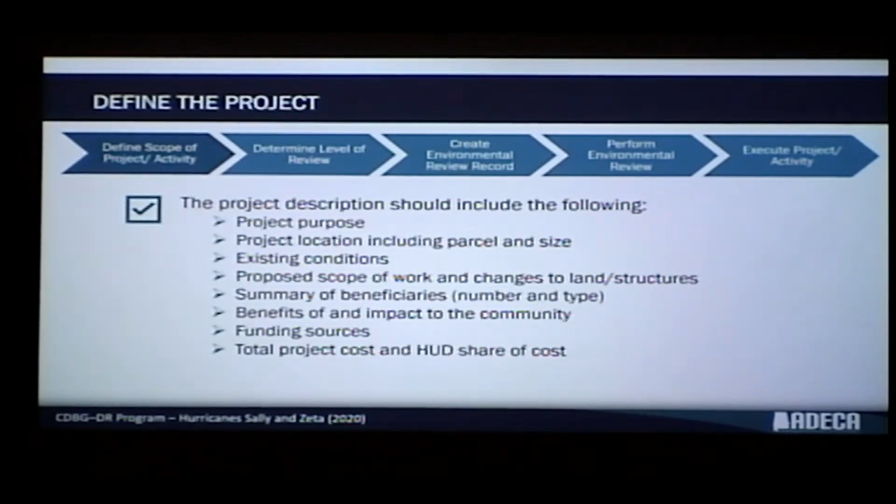Project location: is it over water? What are the existing conditions? Did the bridge come down during the storm? The proposed scope of work, changes to the land structure. How many people are going to benefit? Is it going to benefit thousands of people? Is it going to benefit the community? Is it just going to be CDBG money, or will it have other sources of money? Total cost: is this going to be $10 million? That's the project description, and it should include all of the following.